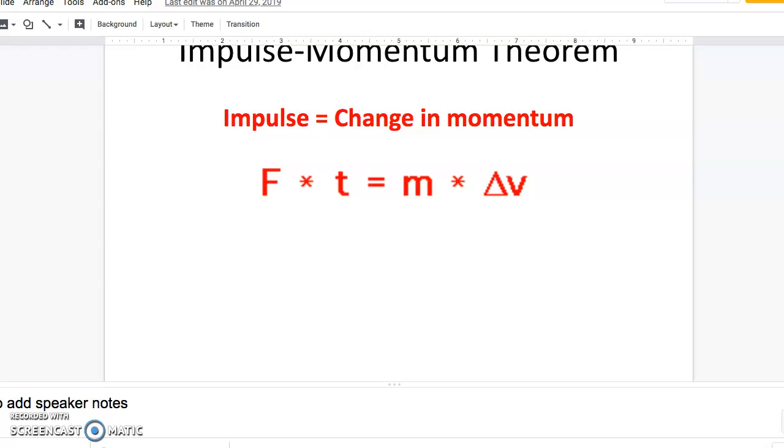Impulse is also a change in momentum. Another way of saying that, and this is sort of how we tie these things together. So through a lot of our problems, we're going to see an object is moving and it crashes into something, so it comes to a stop.